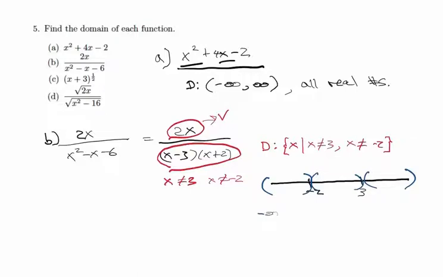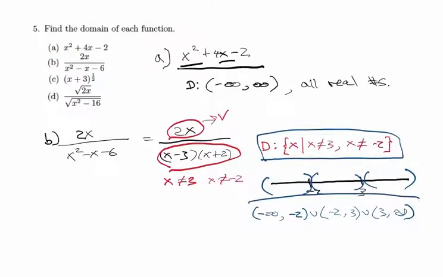So negative infinity to negative 2, union, negative 2 to 3, union, 3 to positive infinity. So these two, okay, they mean the same thing, just a different way of writing the answers. So these are the domain of this function 2x over x squared minus x minus 6.